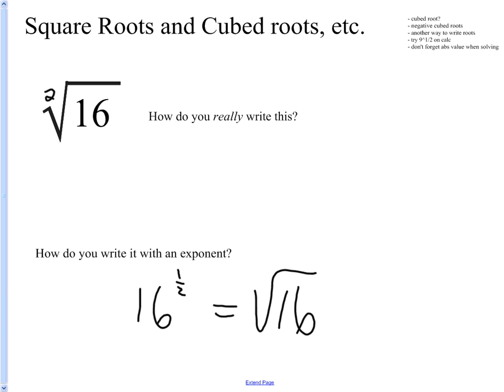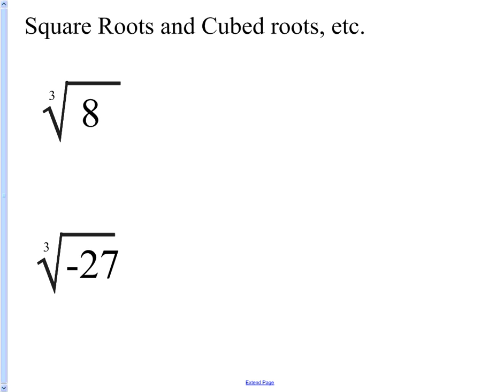So it's not too much of a stretch then to figure out what this means. 8 to the 1/3, that must be cube root of 8. The square root of a number was what times what made that number. The cube root is what times what times what gives you that number. So in this case, it's 2. So the answer for this is 2.